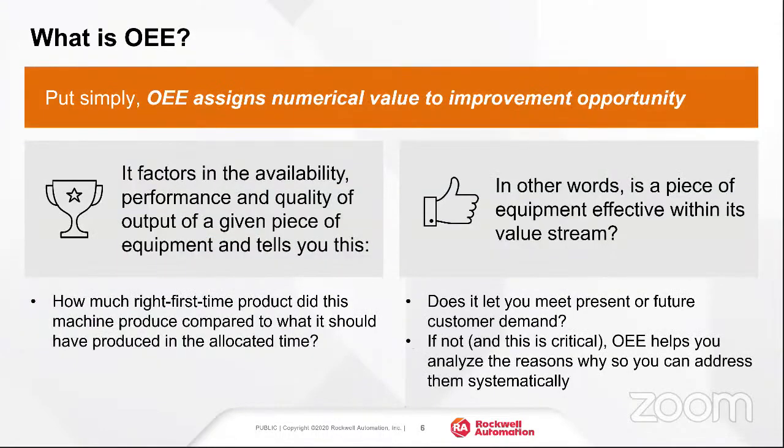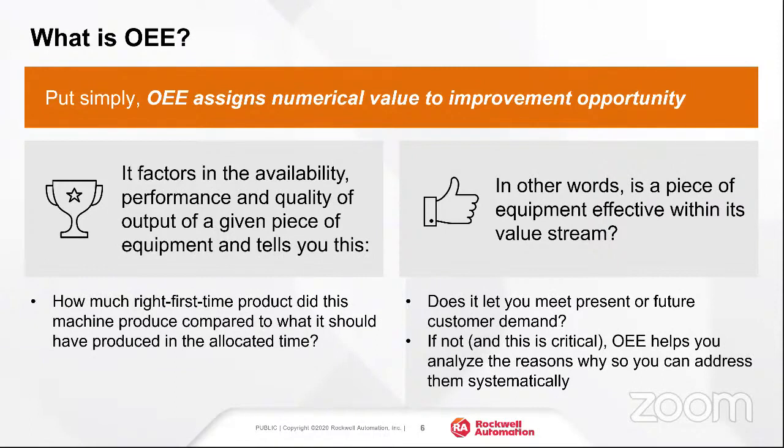So what is OEE? What is overall equipment effectiveness? Put simply, OEE assigns a number to the improvement opportunity. It factors in performance and availability, and also includes the quality of your product or process output. You multiply the percentage of all three to get a number that measures equipment effectiveness.